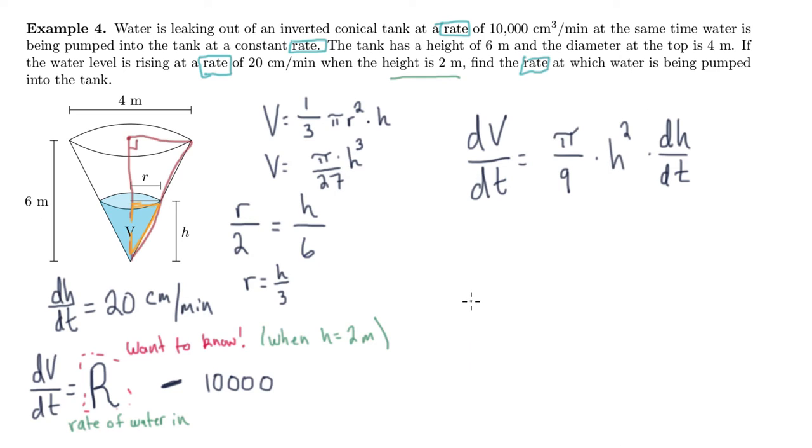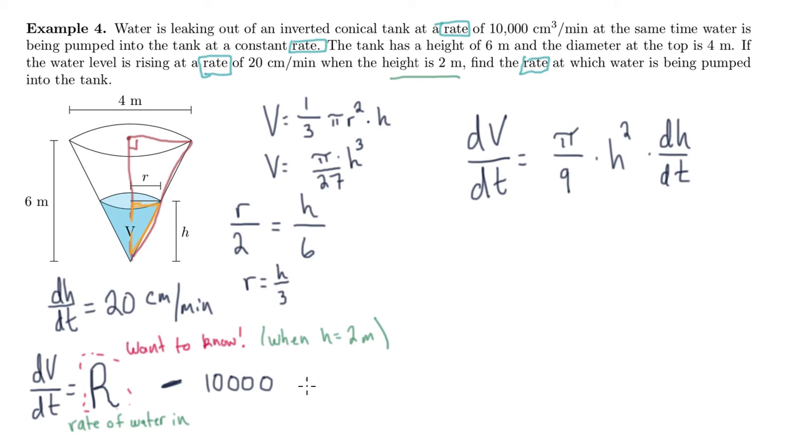But there's something else very tricky about this problem that you would probably overlook. Notice that dh/dt is 20 centimeters per minute. But we're given that the height at that time is 2 meters. We have inconsistent units. So we better make sure that our units are the same.